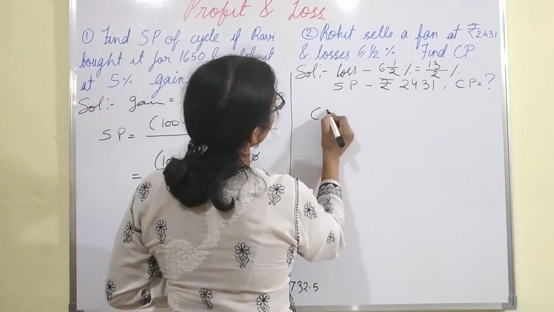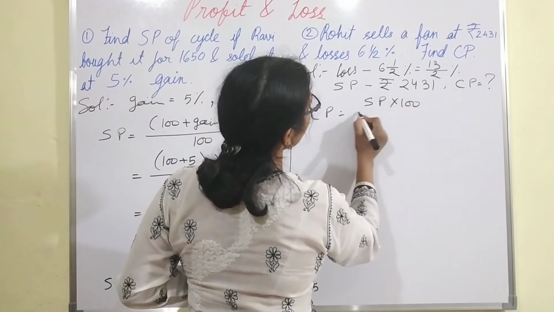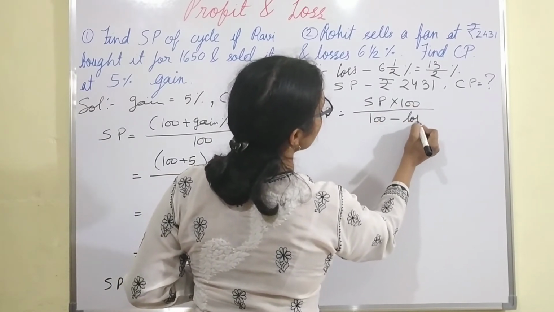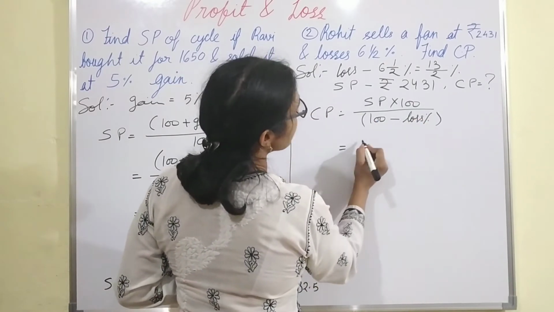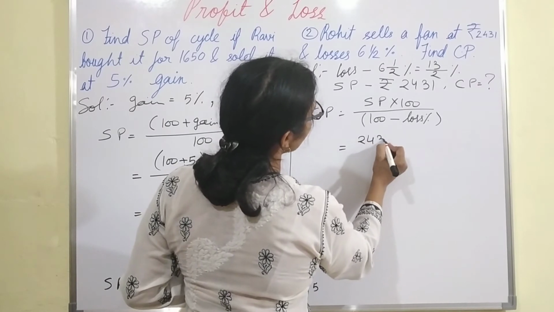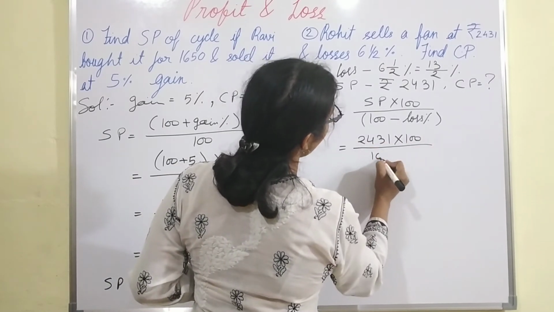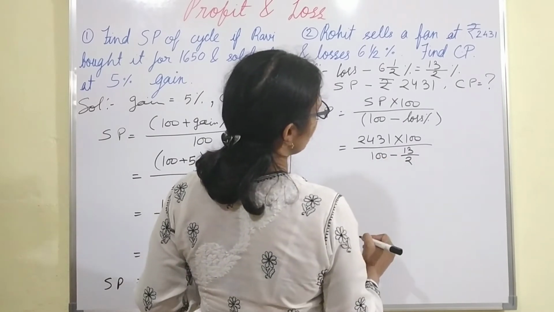So CP equals SP into 100 upon (100 minus loss percent). Loss is given, so minus. So 2431 into 100 upon (100 minus 13 by 2).